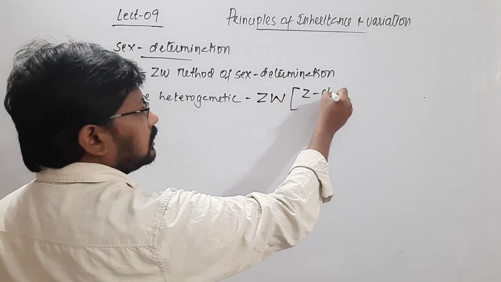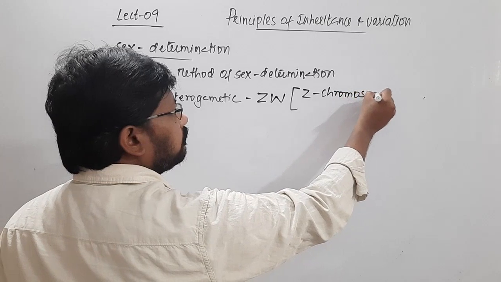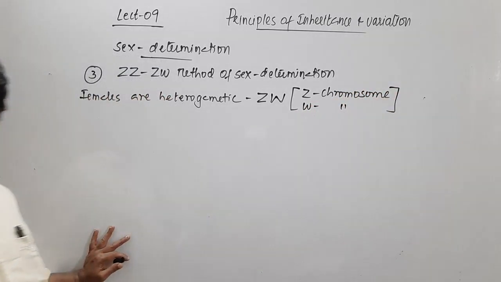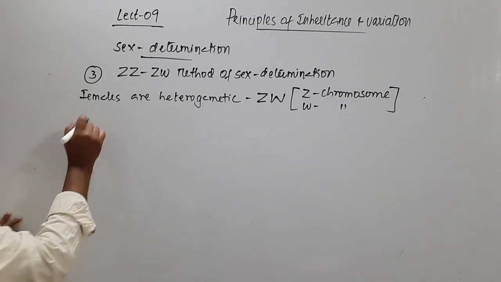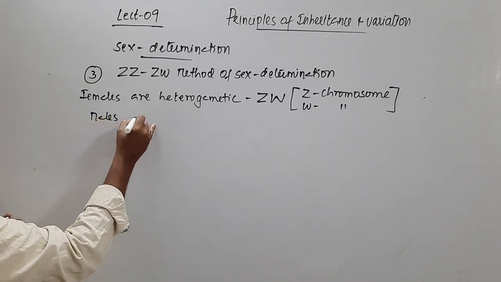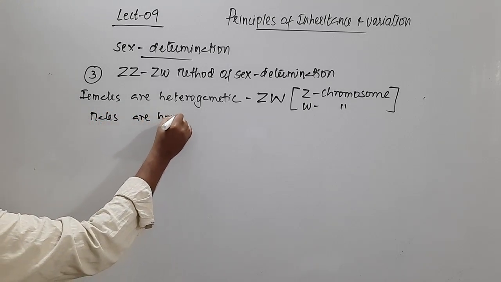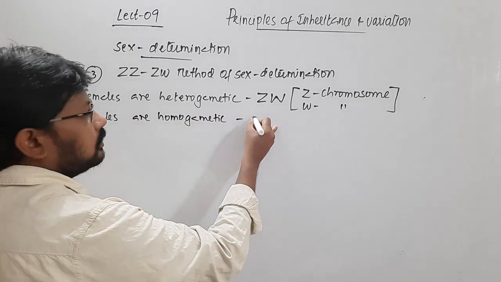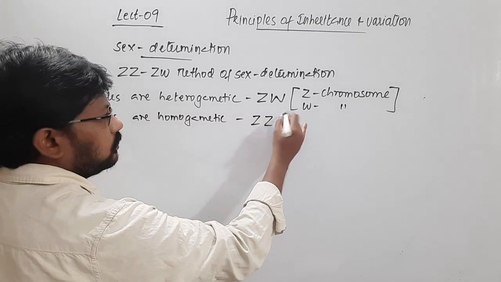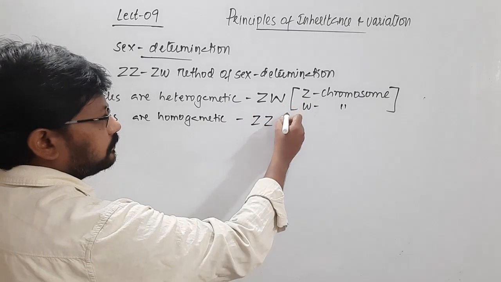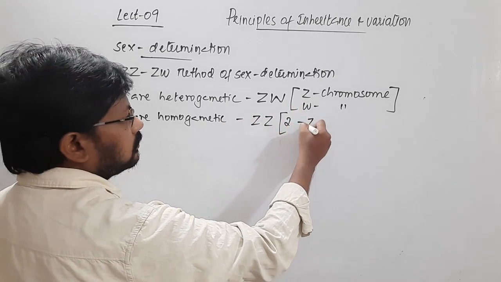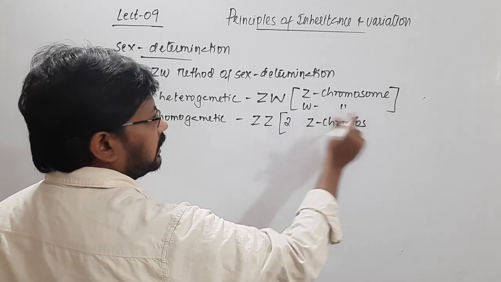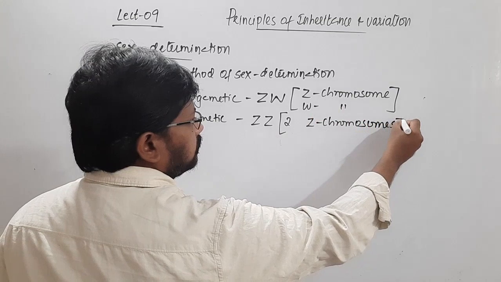So a Z chromosome and a W chromosome are present in case of females. Coming to males, males are homogametic. So these will be having two Z chromosomes.